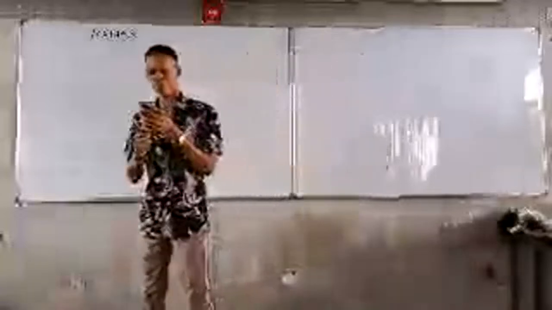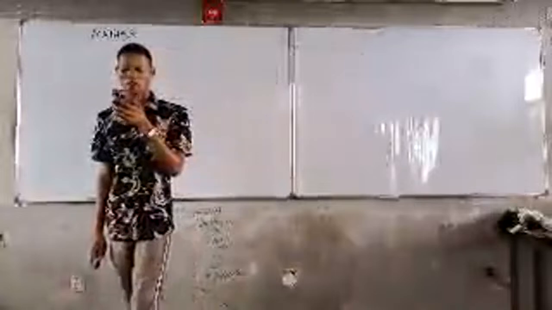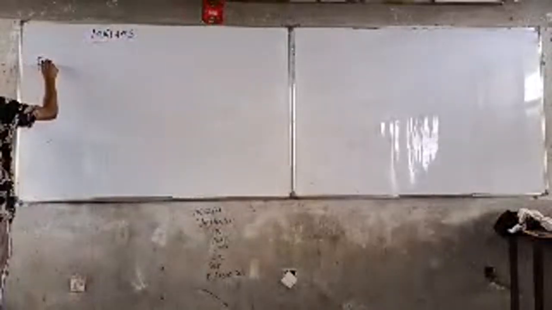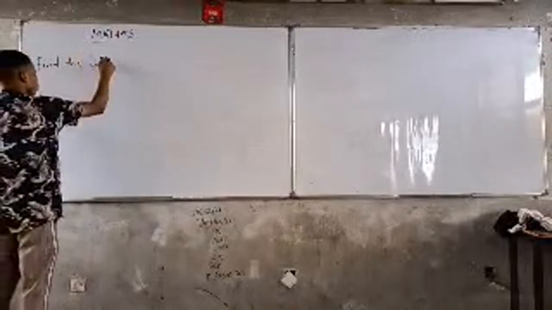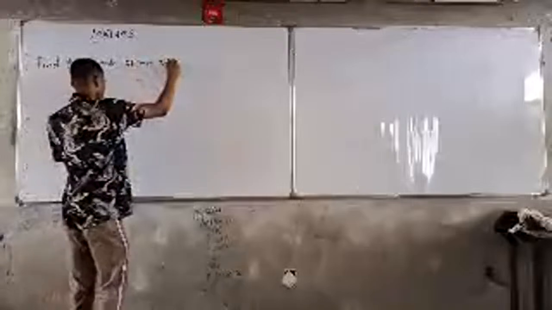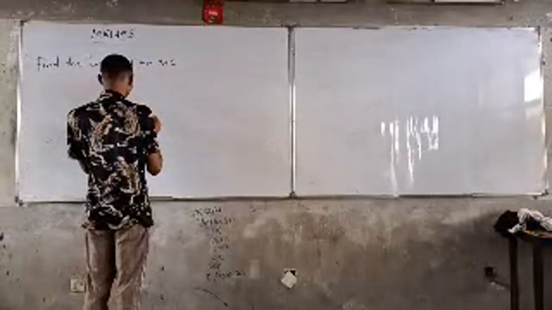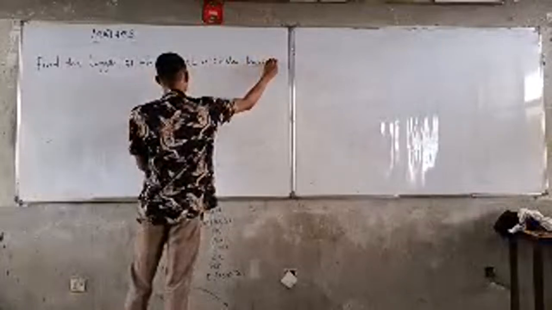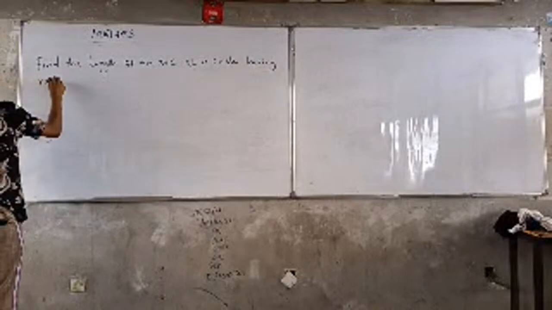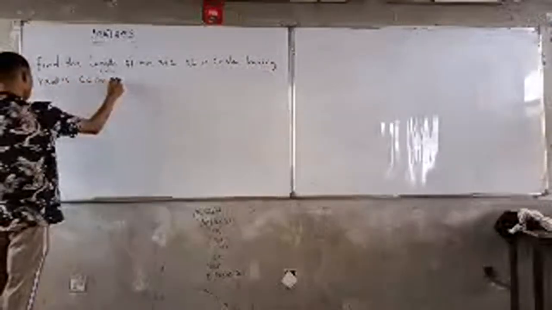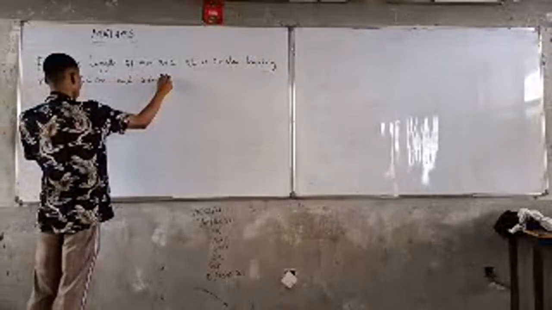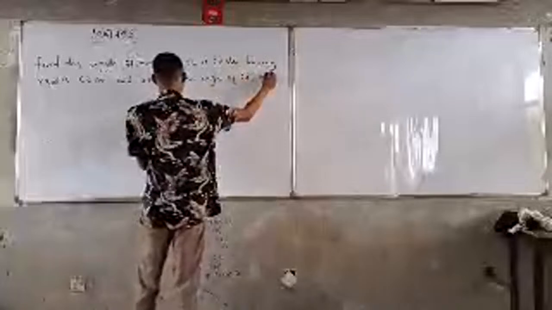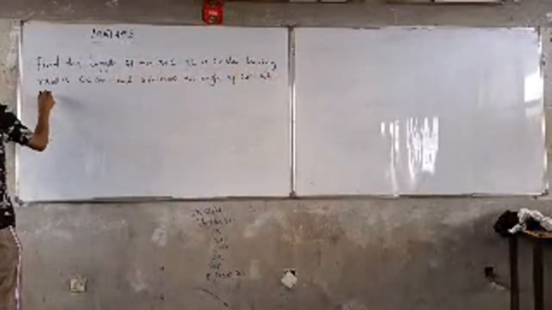All right. So the next question. Find the length of an arc of a circle having radius 66 cm and subtends an angle of 60 degrees at the circle center.